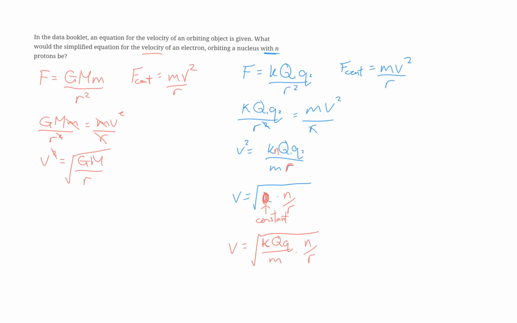Now if you do the mathematics and you put this in, we're going to take this up here and we're going to say, well, 8.99 times 10 to the 9 multiplied by the fundamental charge squared, 1.6 times 10 to the minus 19 squared, and divide that all by the mass of an electron, 9.11 times 10 to the minus 31 kilograms.